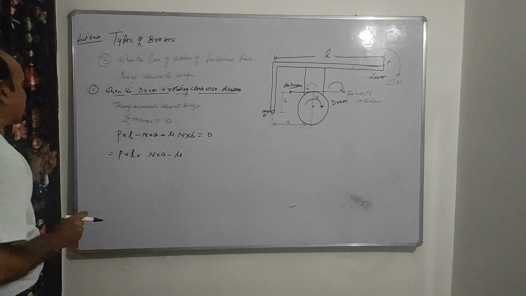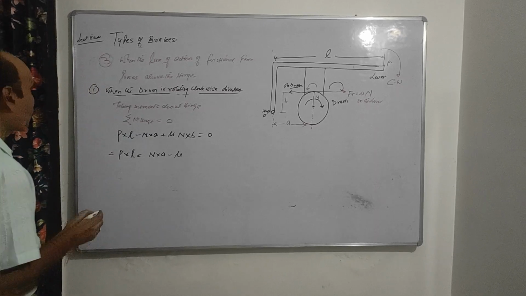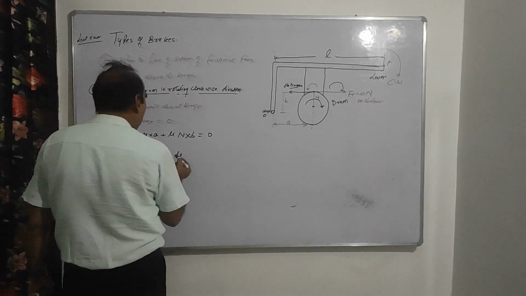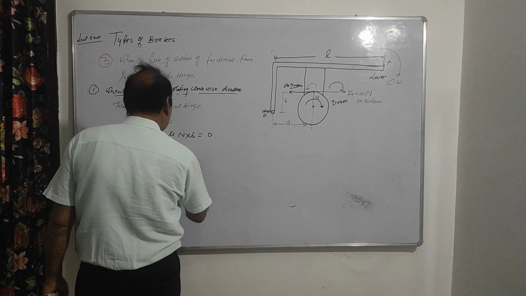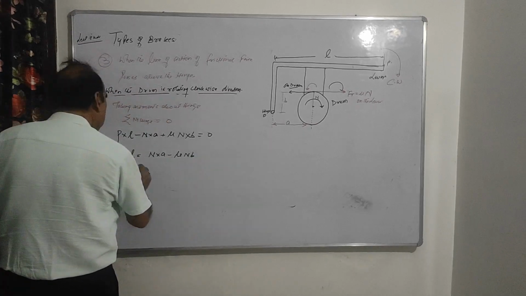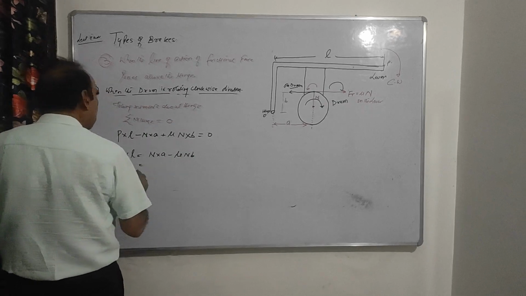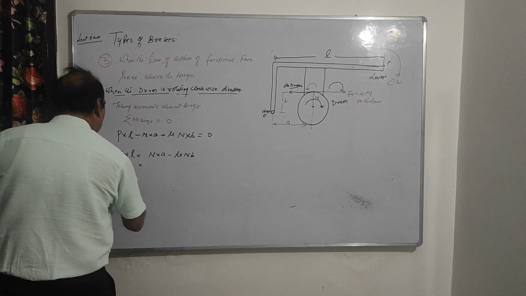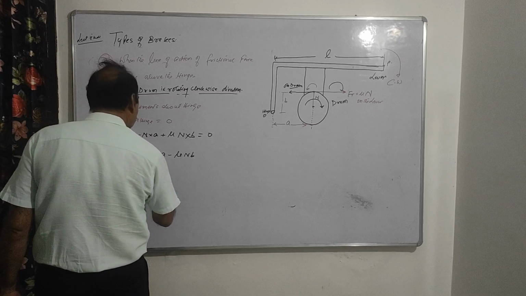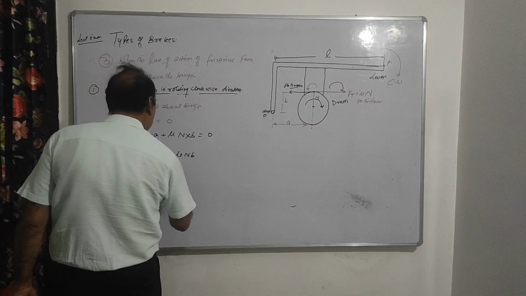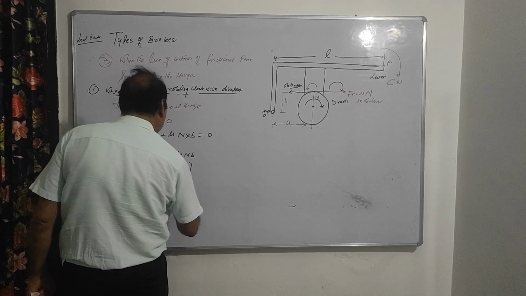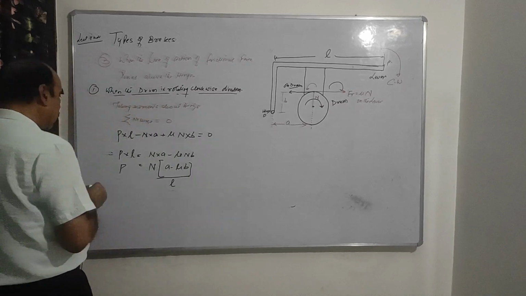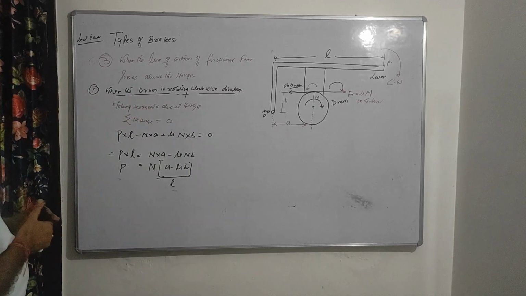So PL is equal to N into A minus mu N into B, so P is equal to N into (A minus mu B) upon L. So this is the condition.